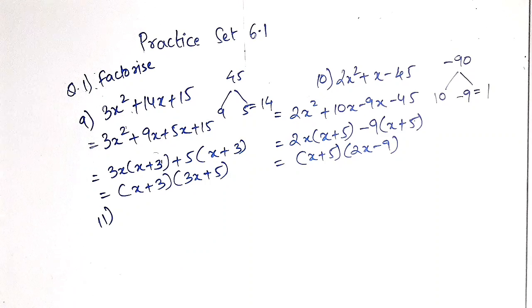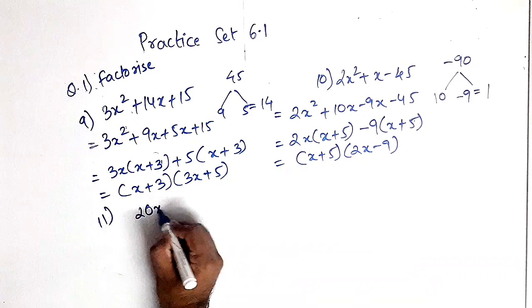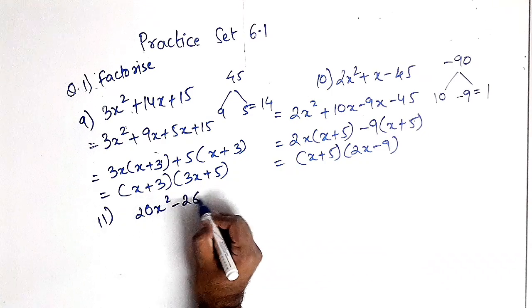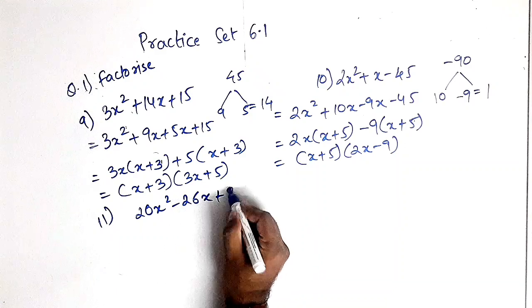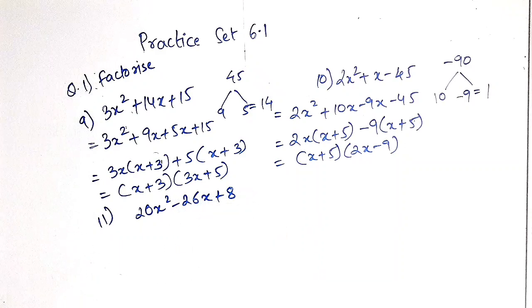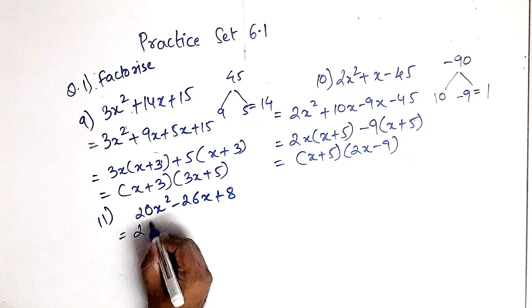The 11th one is 20x square minus 26x plus 8. Okay, now in such a question you can observe every number is even, so there has to be something common. So I'll take 2 as common.